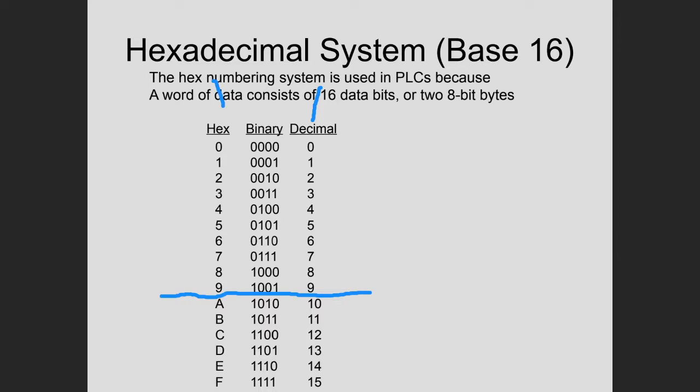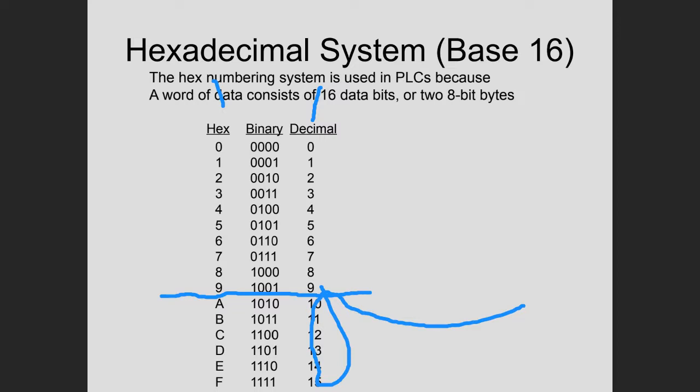So in hexadecimal, decimal and hex are the same for the digits 0 through 9. Once you get above 9 in the decimal number system, then we start to repeat. I showed you that. We start to repeat this column right here. But over here, we don't do that. What we do is we use letters of the alphabet.